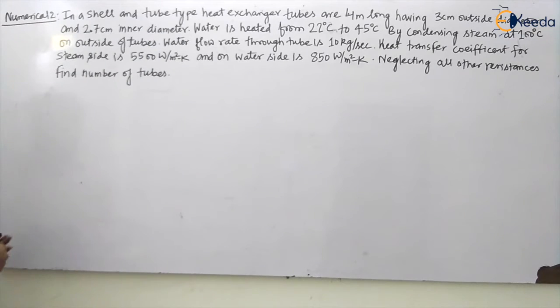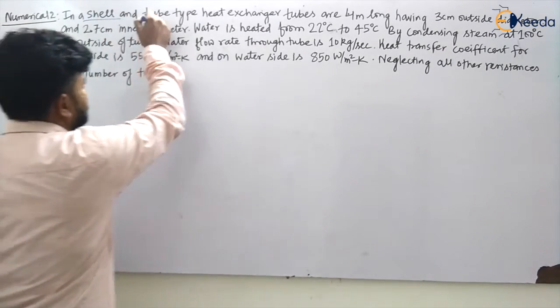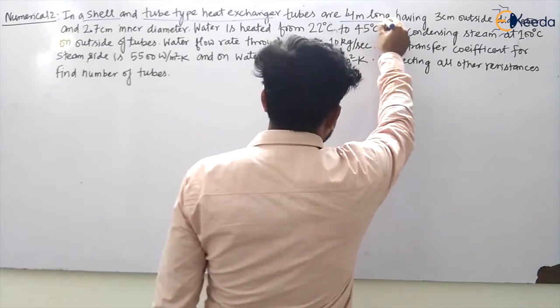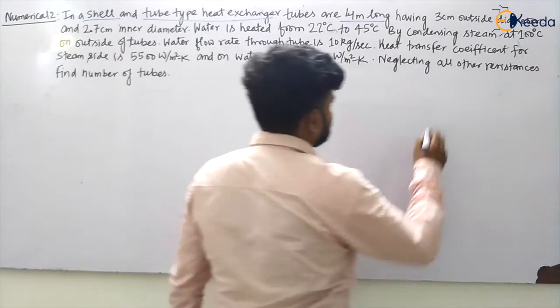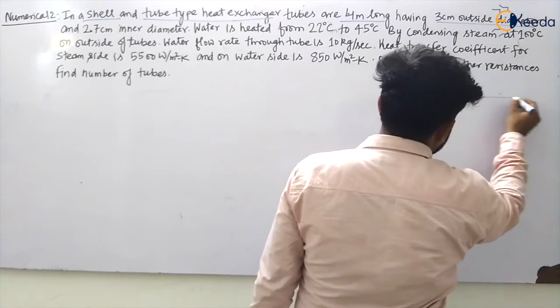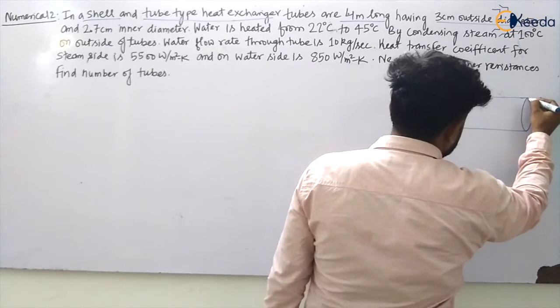So I am reading the question. Focus on the board. In a shell and tube type heat exchanger, tubes are 4 meter long, having 3 centimeter outside diameter. So he has given that in a shell and tube type, he is talking about the tubes first.